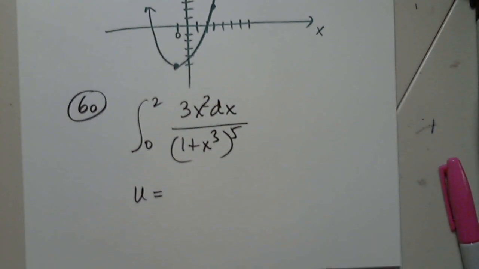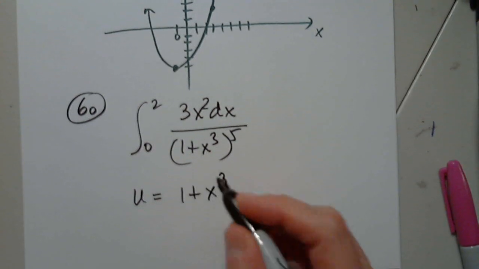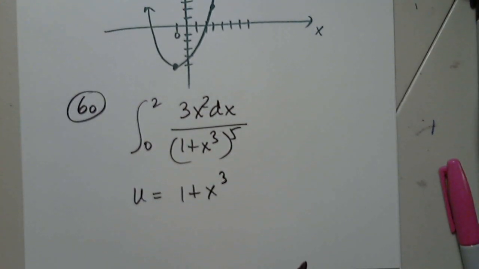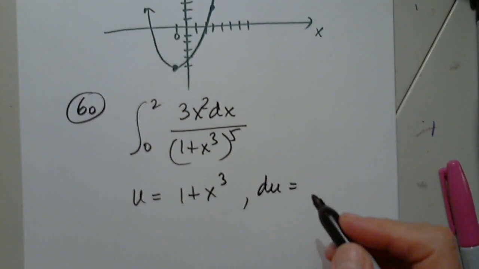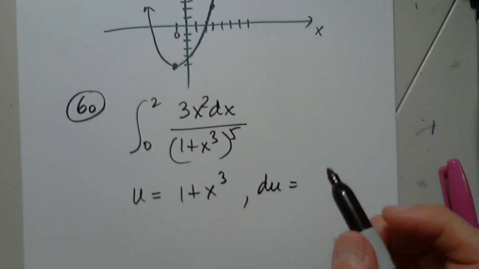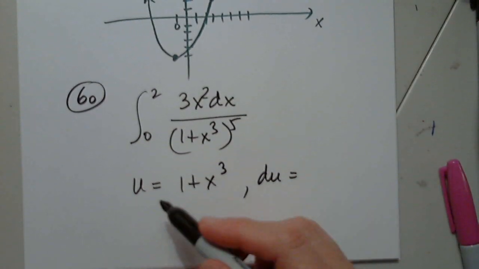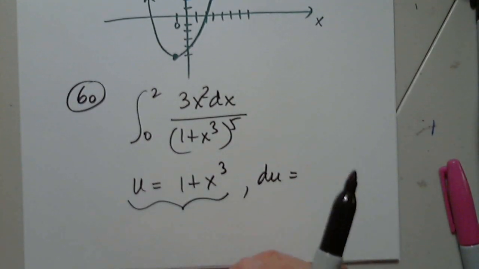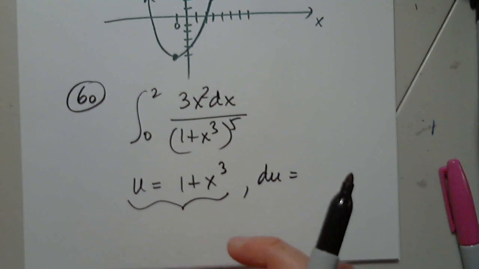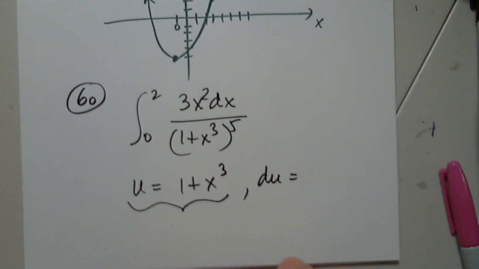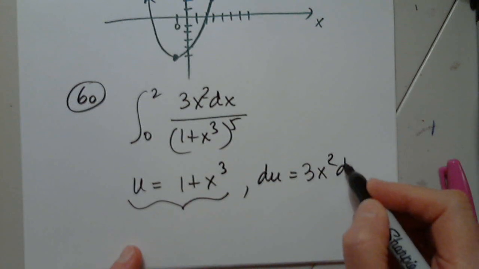It's 1 plus x to the third. Exactly. As long as we can find du, what will du be? We have to find the differential of this function. 3x squared. Very good.